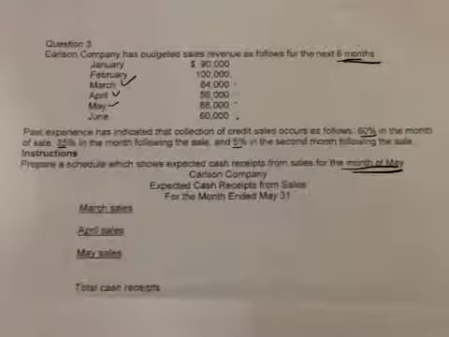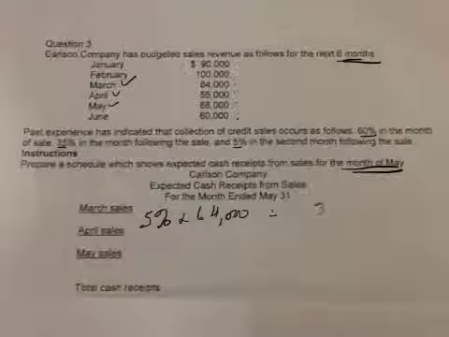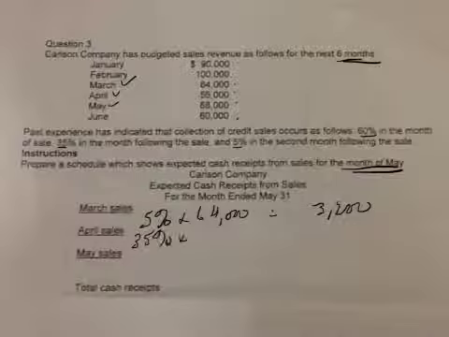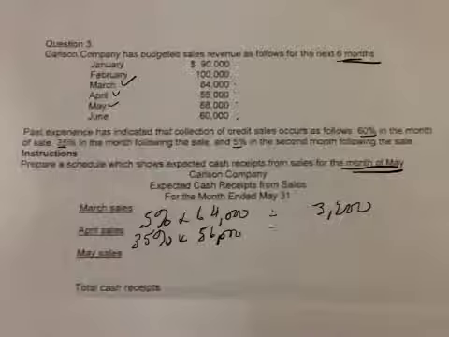Okay, so in May, I'm going to get May sales, April sales, and March sales. So March is going to be 5% times 64,000, which equals 3,200. April sales is going to be 35% times 56,000, and that equals 19,600.